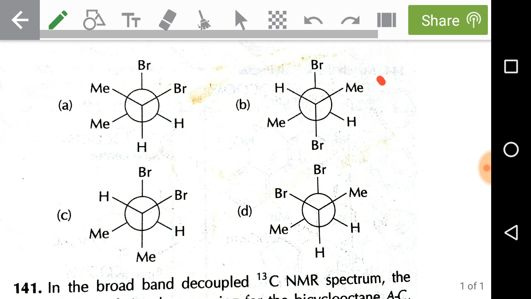And if you look at the gauche products, Newman projection B here, you can see only bromine-methyl and bromine-methyl interactions are observed, which are the least, that means these interactions are giving the least energy, that is 0.8 kilojoules per mole. That's why the most stable one is B.